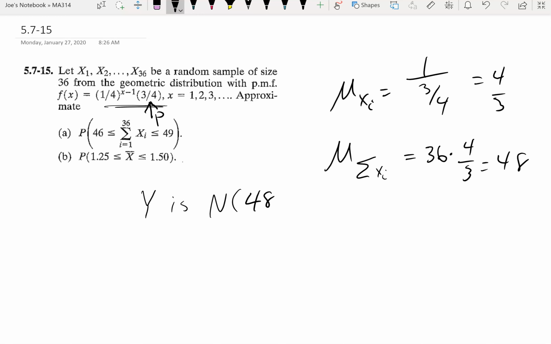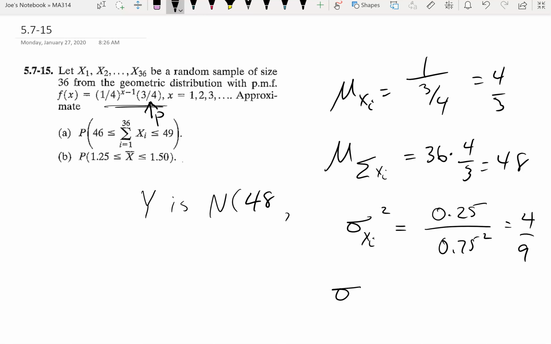What about the variance for each? 0.444444. So what will be the variance then for the whole thing?